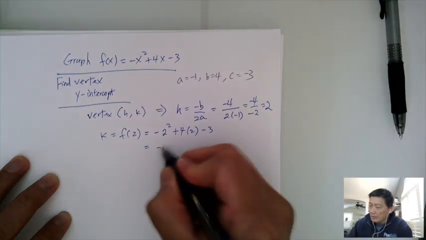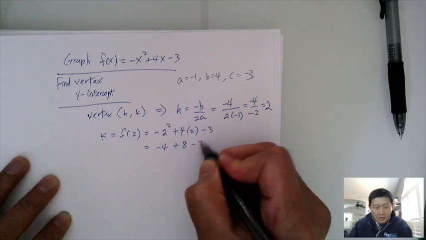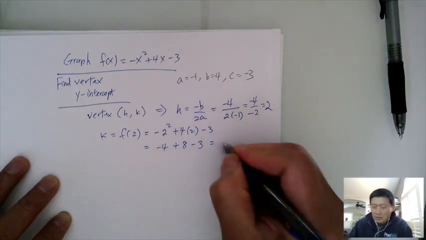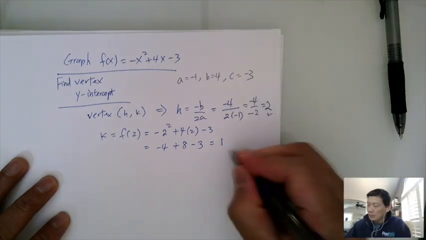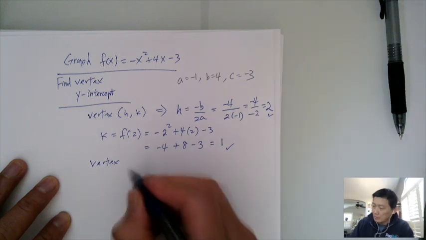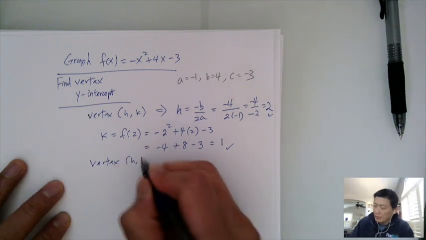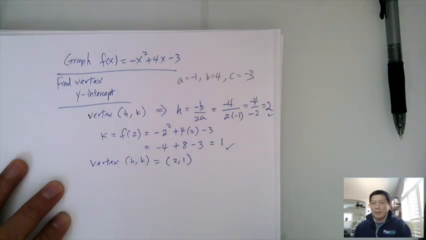We get negative 4 plus 8 minus 3, we get 1. So finally, we conclude the vertex h and k is 2, 1.